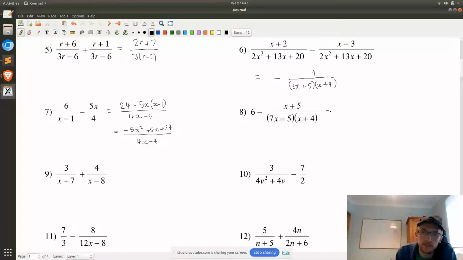All right, so for this, well, you better expand it out. No, they want a factorized form on the bottom.